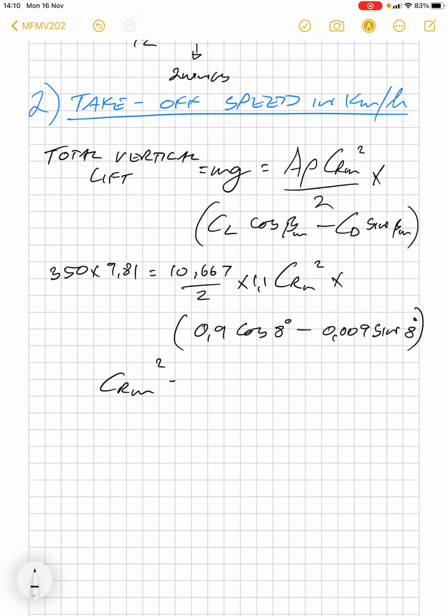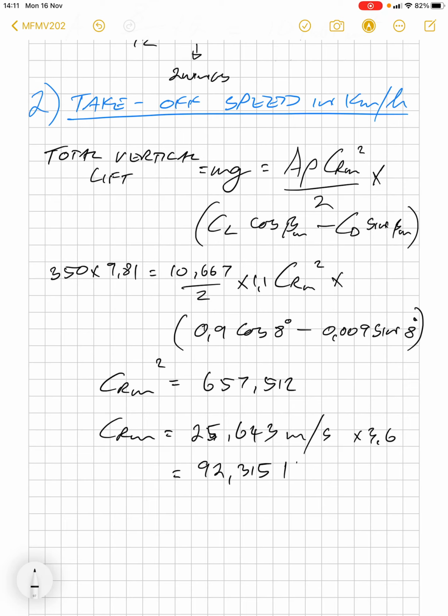So CRM squared then is 657.512, and CRM is 25.643 meters per second times 3.6 is 92.315 kilometers per hour.